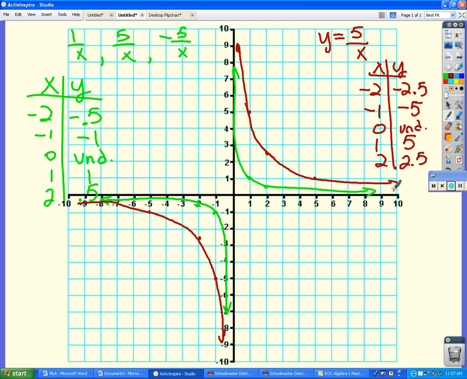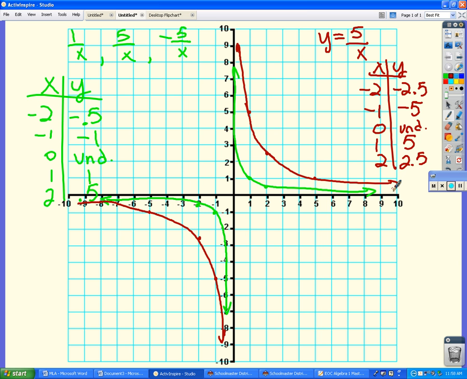Right, the graph is farther away from the x and y axes, okay? So the bigger that number is, the farther it's going to be away from the axes. So if we had 10 over x, for example, then it would be somewhere way out there, okay?